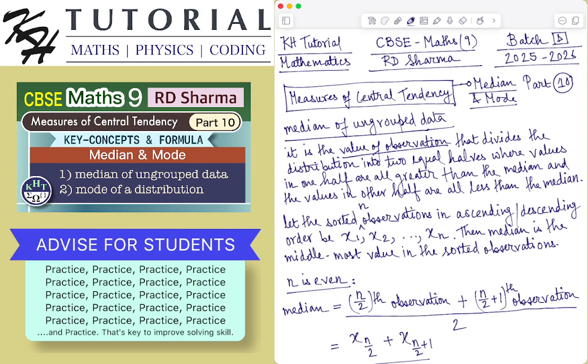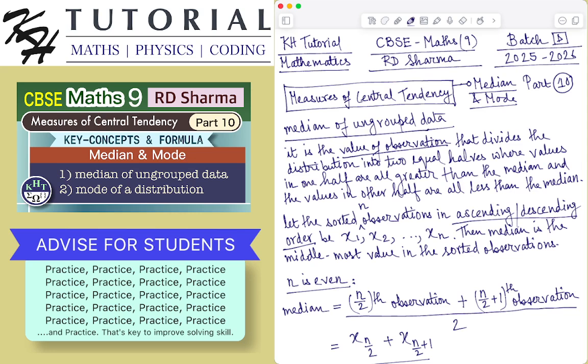We first sort the given distribution, the raw data, either in ascending or descending order, and then depending on the number of observations, that is n, we have to locate the middlemost observation in the sorted list of observations.